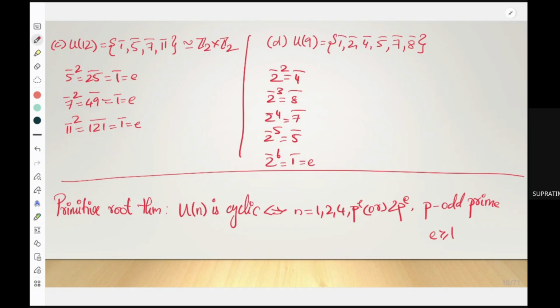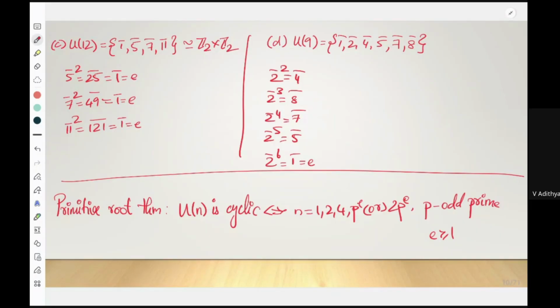In number theory, any generator of U of n is called a primitive root, so they prove this primitive root theorem there. You can check it in any book related to number theory. And if we memorize this result, it will help.